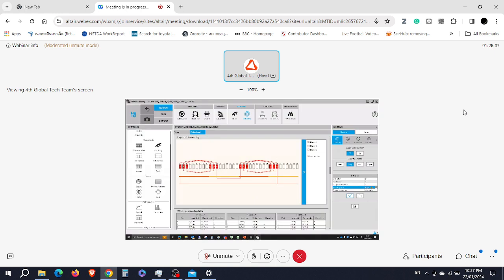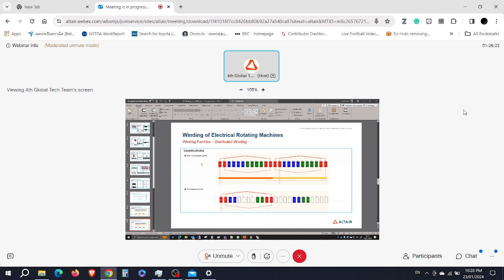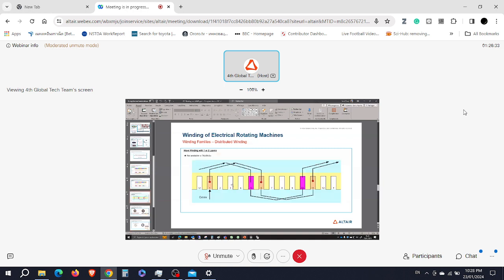If I go more on advanced, then I can choose per pole or consequent pole, right? Okay, same thing for concentric.